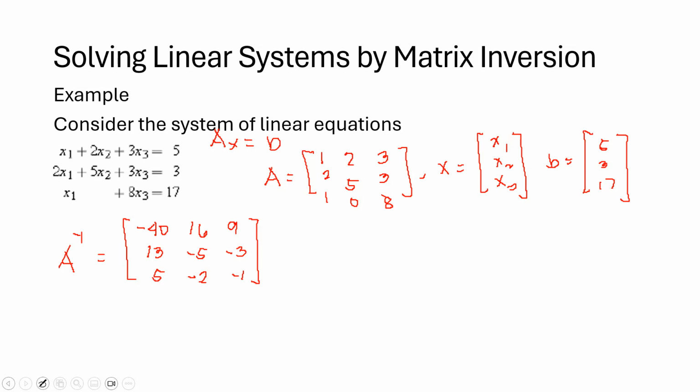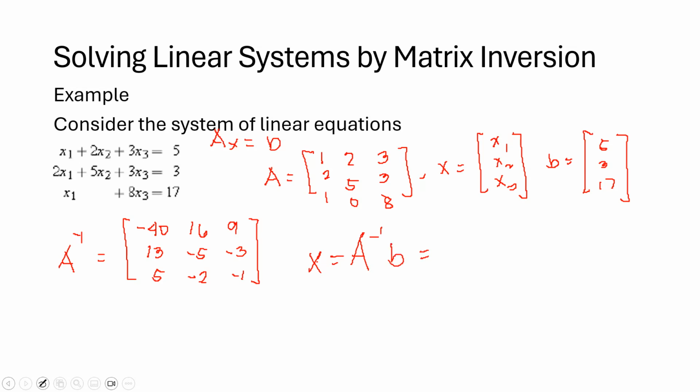Now, take note that from the theorem, x here would be A inverse times b.